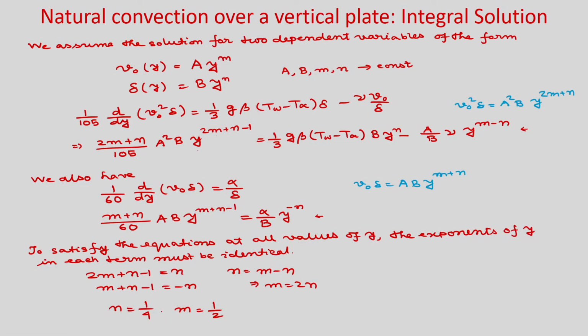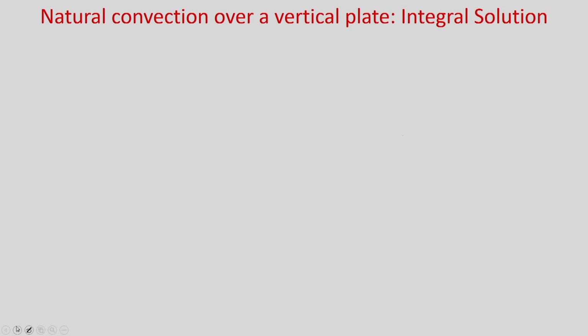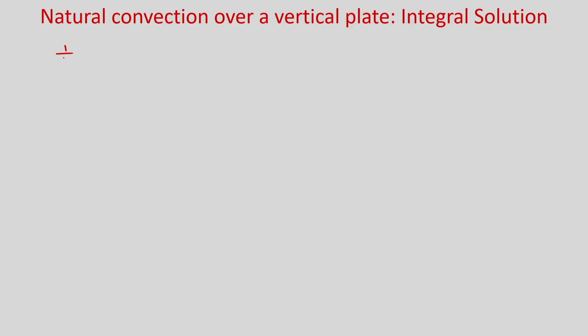So, now we have to find the other two constants, that is a and b. Now these exponents you put in those equations, and after simplification you will get 1 by 84 a square b is equal to 1 by 3 g beta (T w minus T infinity) b minus a by b nu.